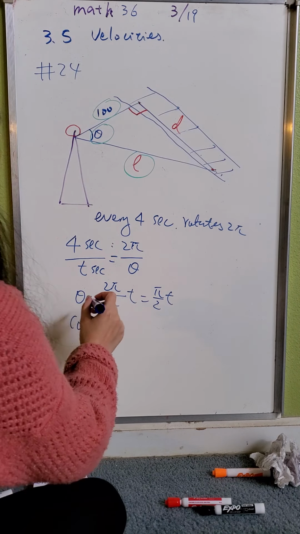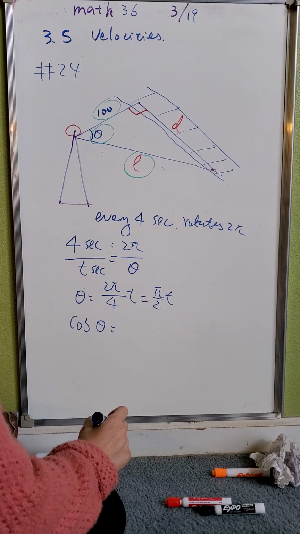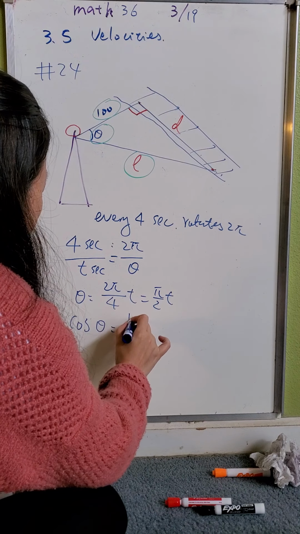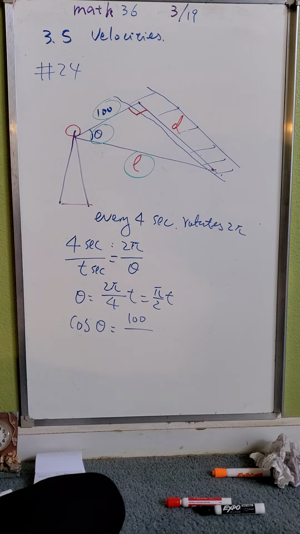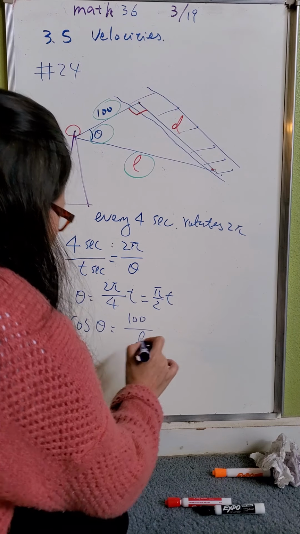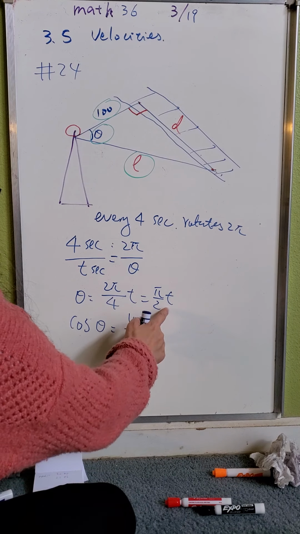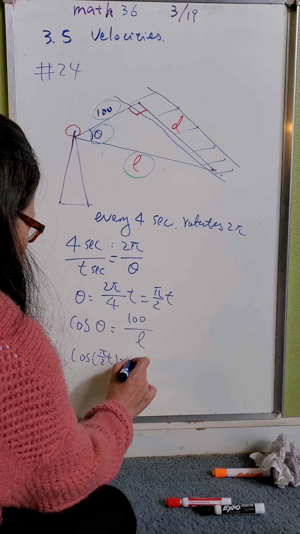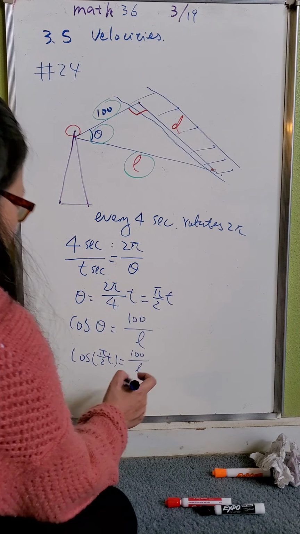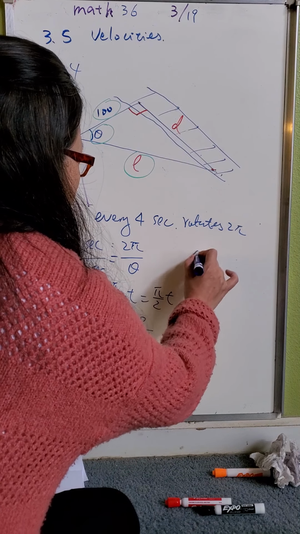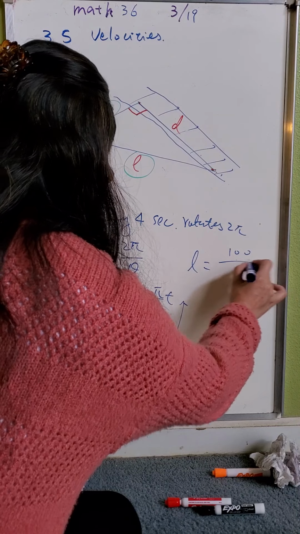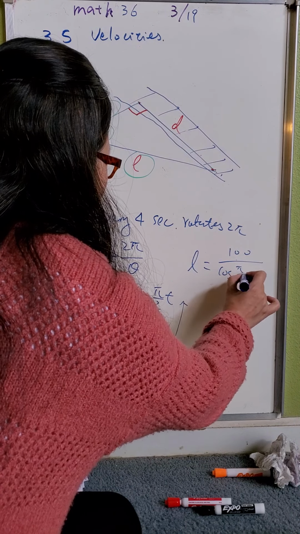So cosine theta equal to adjacent to hypotenuse L. My theta equal to this, so it means cosine pi over 2 t equal 100 over L. My goal is to find L, so I'm going to continue here. My L is equal to 100 over cosine pi over 2 t.